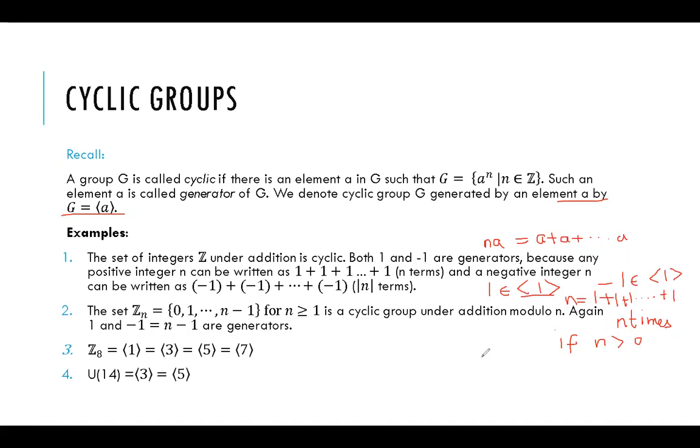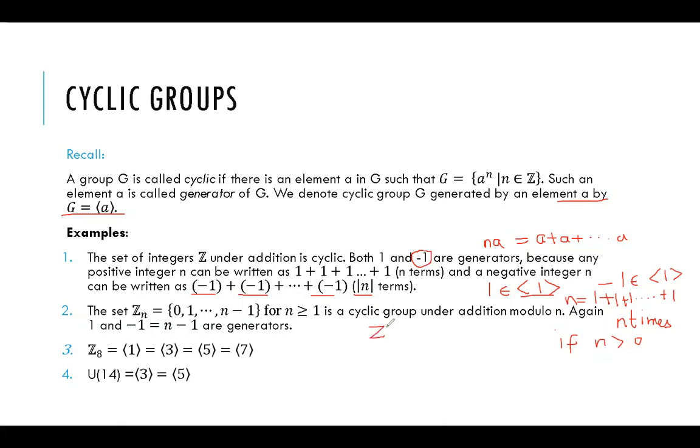Now if n is negative, then we can take -1 summed with itself absolute n times. So we will have absolute n terms in this sum, -1 plus -1 plus so on, -1. Similarly, we can prove that -1 is also a generator of Z.